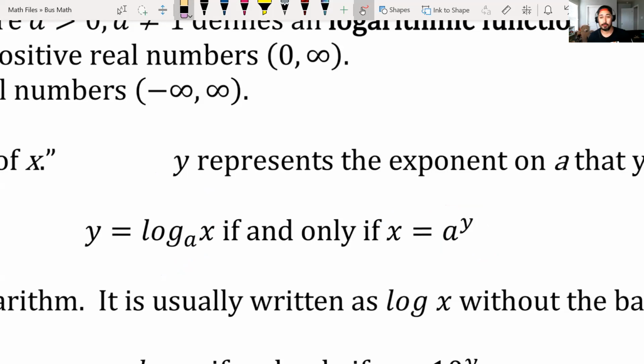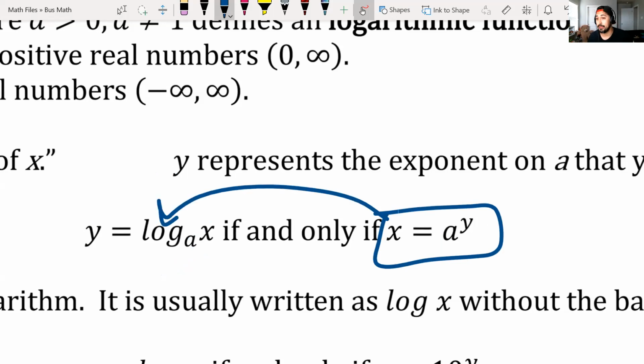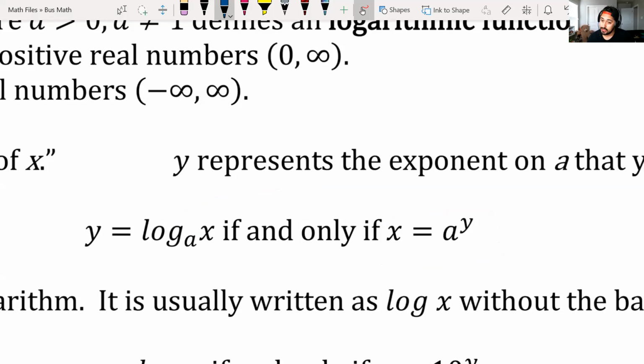Now, what if we went the other way? Let's go from exponential back to logarithm. Once again, the base of the exponential is the same as the base of the log. So the a becomes the base, right?